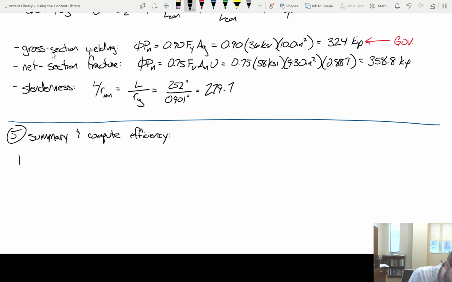Well, for this problem, we are designing for a factored load of 312 kips. And we selected a member. That member has a phi Pn of 324 kips.